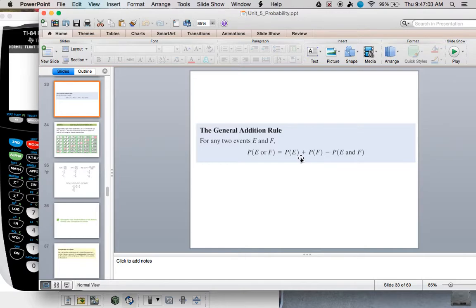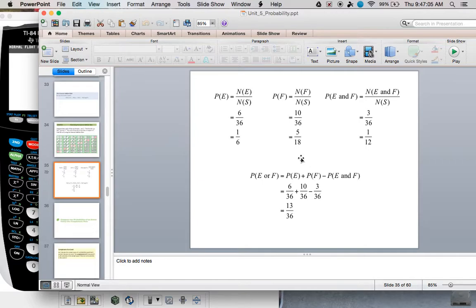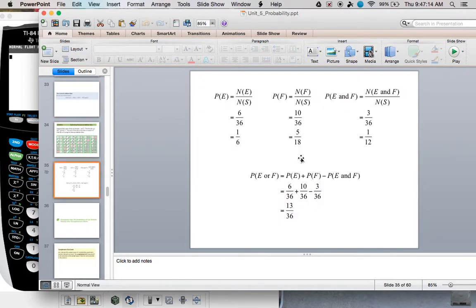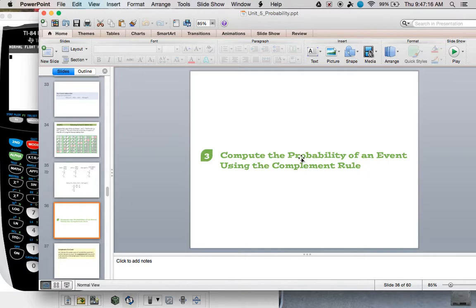So let's give you an example. If you have a dice, you know a dice has the numbers 1 through 6 on it. If I say, what's the probability of getting an even number or the number 2?